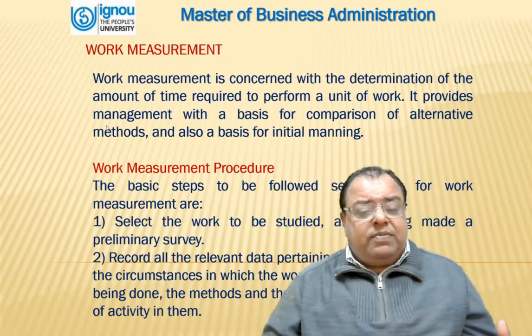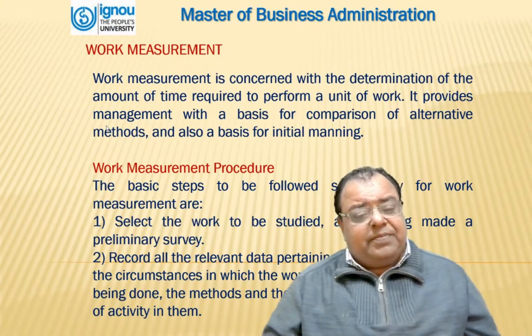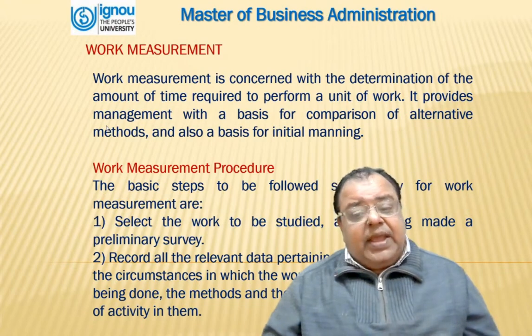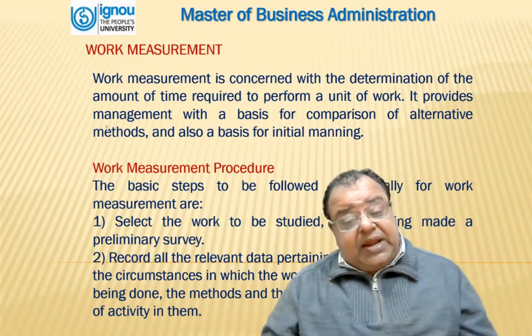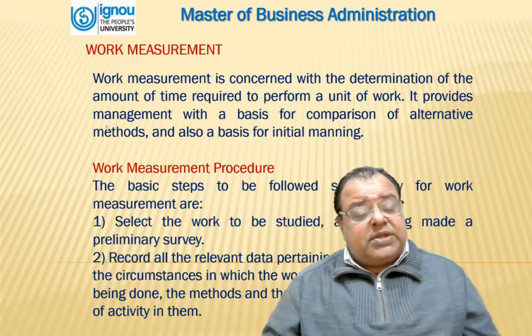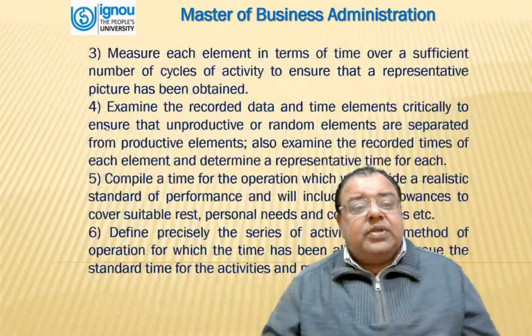The basic steps to be followed subsequently for measurement are: number one, select the work to be studied after having made a preliminary survey. Second, record all the relevant data pertaining to the circumstances in which the work is being done, the methods and the elements of activity in them.